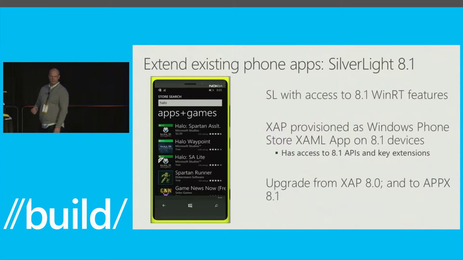That gives you some key benefits. As I'd mentioned, you get access to these features, and you can leverage your existing investment. Now, you have support for upgrade and migration. So if you already have a Silverlight 8.0 application out in the store and folks have installed it, you can produce and publish an upgrade to it and migrate the existing app storage to 8.1.